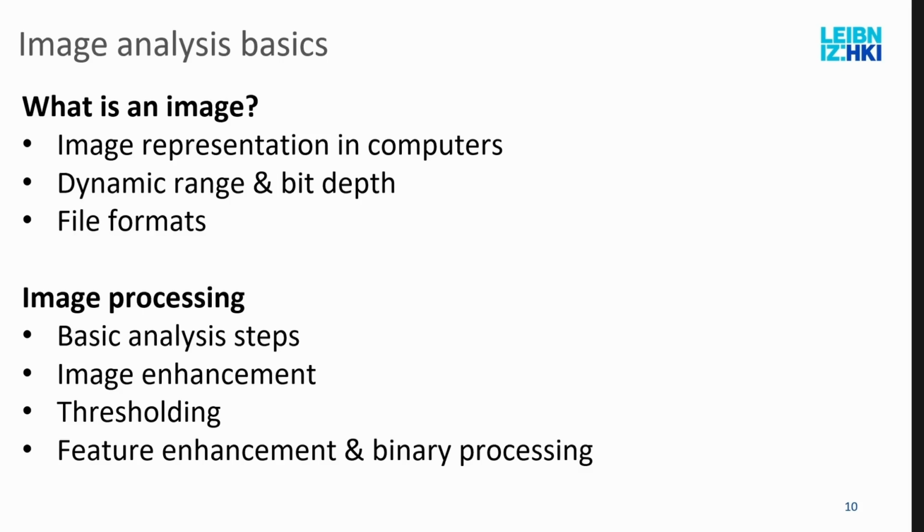How do you enhance images so you see the features that you are interested in? Thresholding or segmenting the parts out of the image that you are interested in, and then processing steps that you may or may not need after thresholding, to correct mistakes, for example, or correctly find your objects.